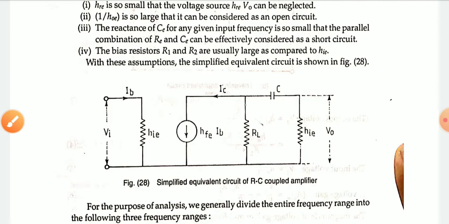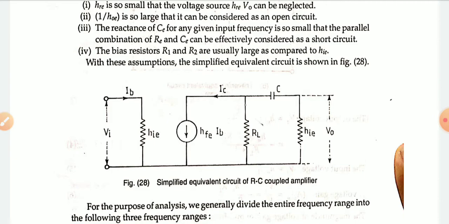For the amplifier circuit, an AC signal will be applied and the output will also be an AC one. For an AC signal, the frequency parameter will be present. And for any kind of circuit, some limitation is present.